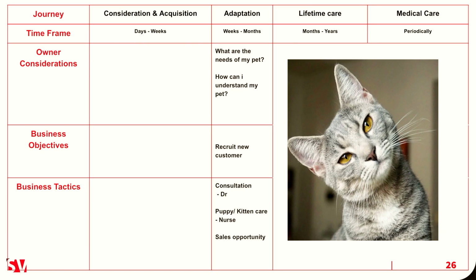Again, what tactics can we use here? Consultations. We can think about puppy and kitten care, which can come from your nursing staff, and we need to think about sales opportunities. So if you imagine a pet owner has just acquired a pet, whether that's a puppy, a kitten, a rescue, a geriatric pet, they are going to need to cater to that pet's needs.